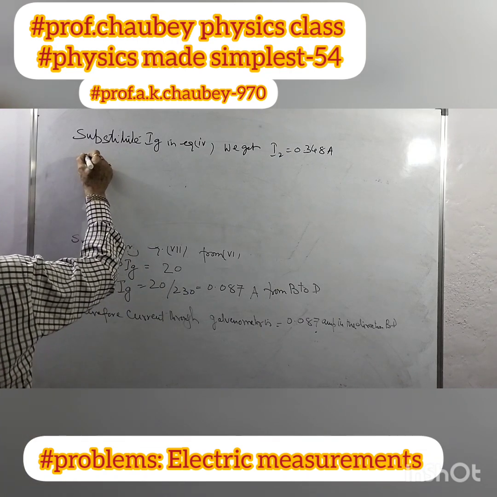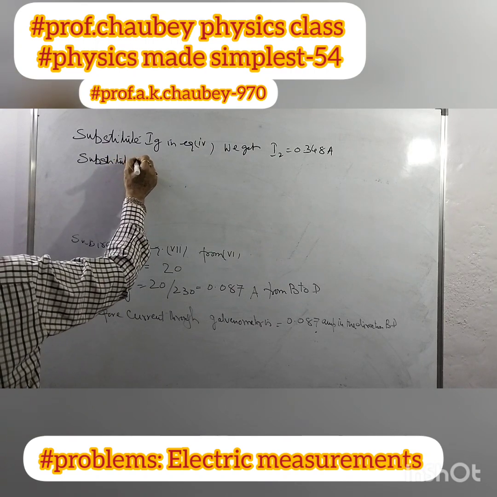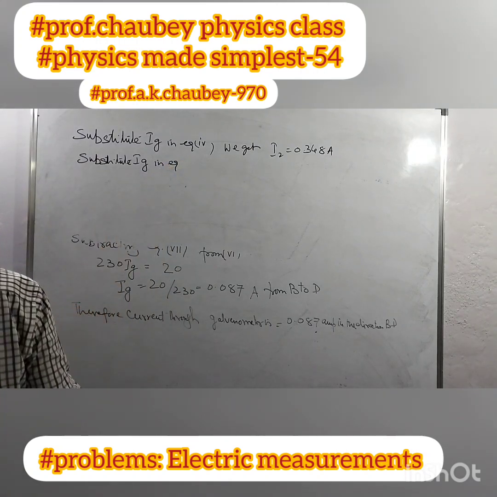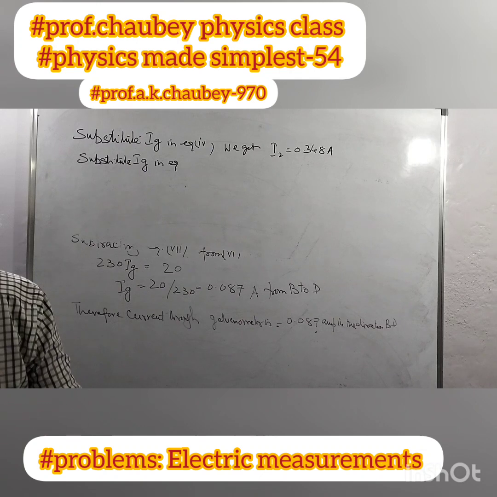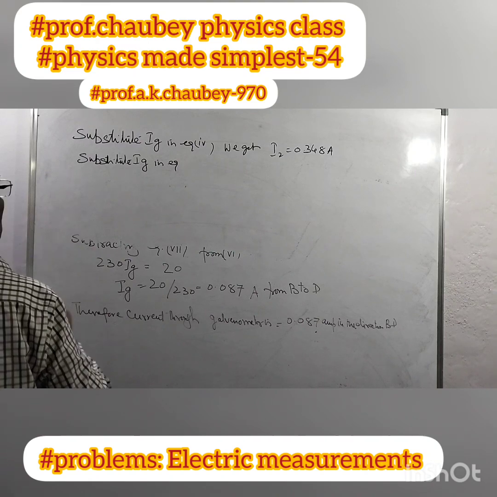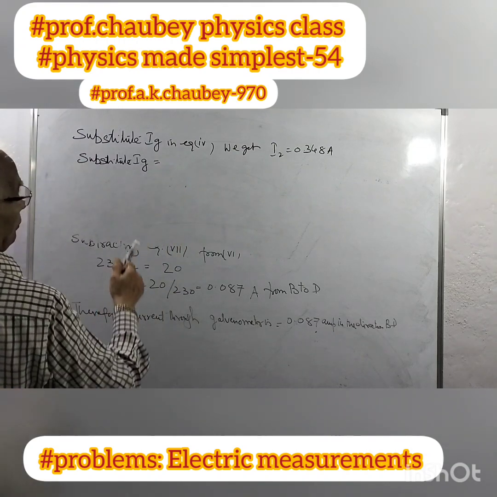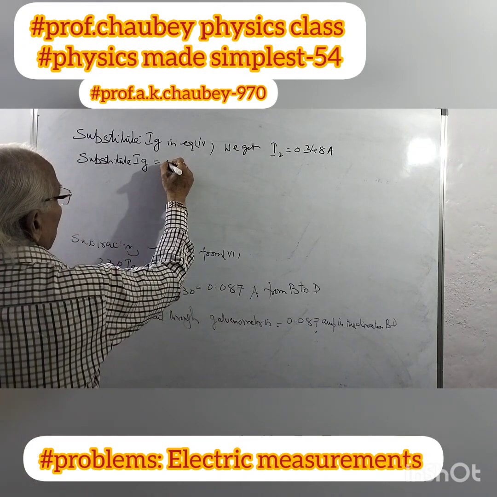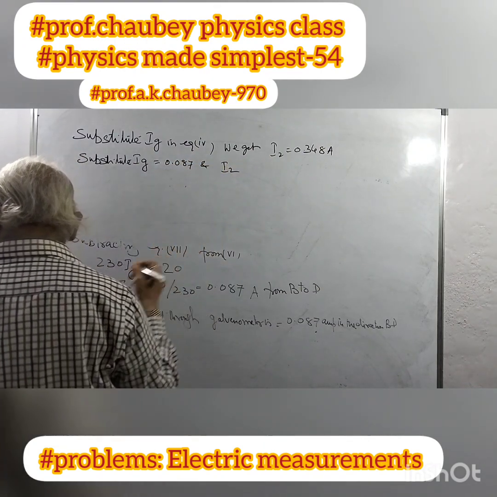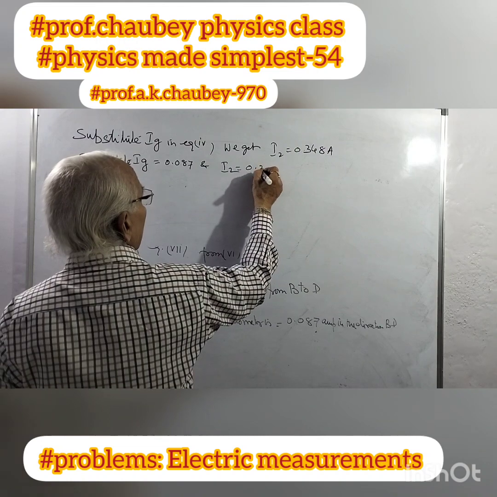Substitute Ig, which we have calculated, 0.087, and I2, 0.348.